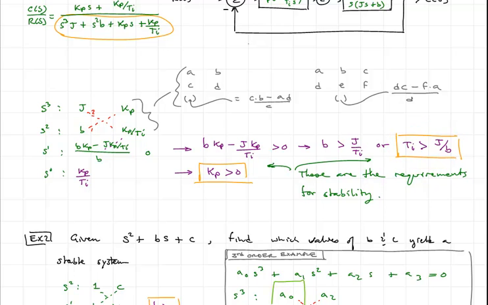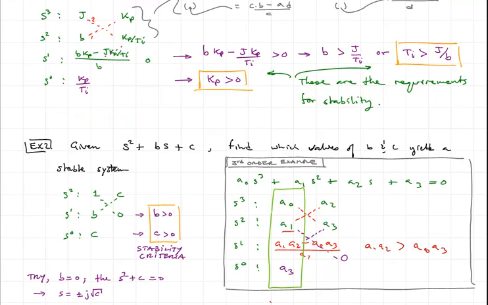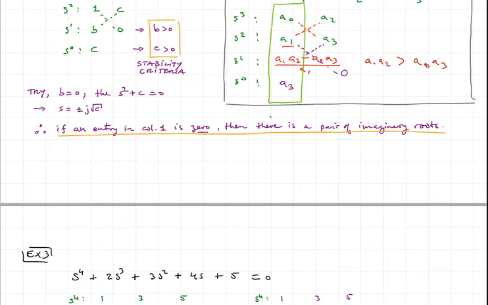So that's an example of using the Routh stability criteria in a control system.